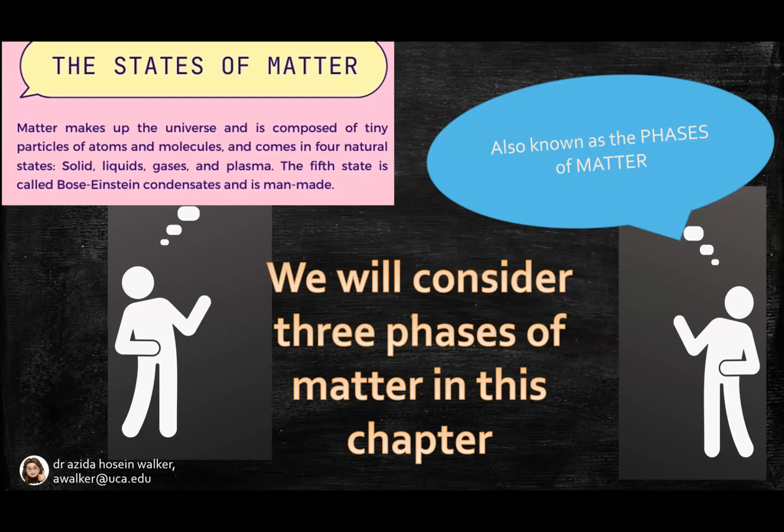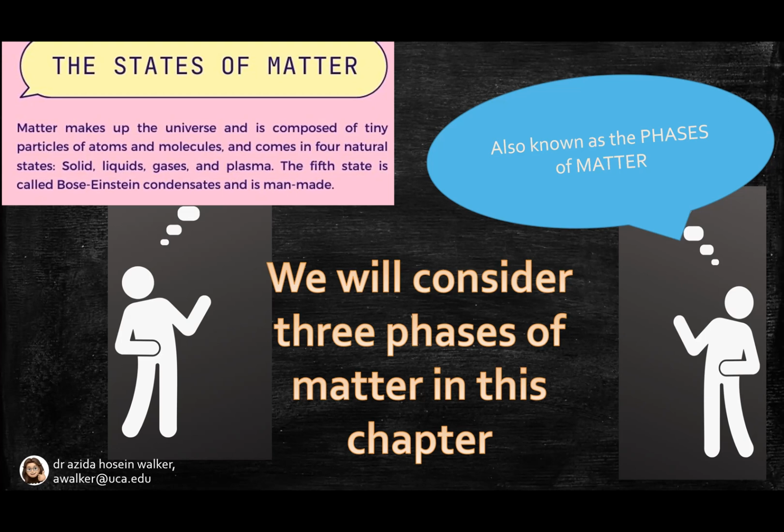In this section, we will talk about the different states of matter because the kinetic molecular theory helps us to understand and explain the different states of matter. You see, matter makes up the universe and is made up of tiny particles, atoms, and molecules.